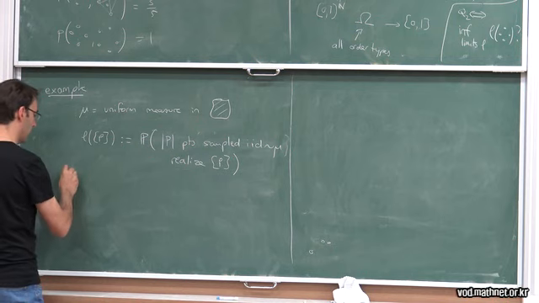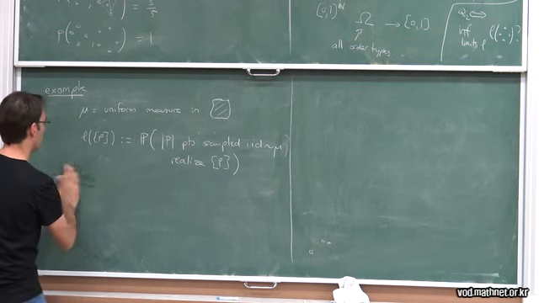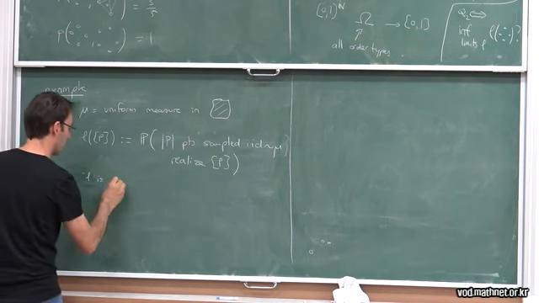Well, for any mu, L is a limit of order type.